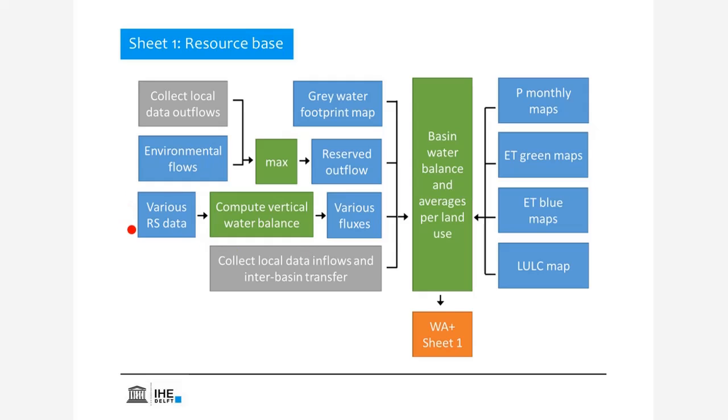So you need a number of inputs, which we have seen yesterday, and then the model generates a number of outputs which are used for sheet 1. And then we need information about interbasin transfer and inflows. We have precipitation, green ET and blue ET, which are also created by the vertical water balance model, and the land use map. These are the inputs, and then we can generate sheet 1.